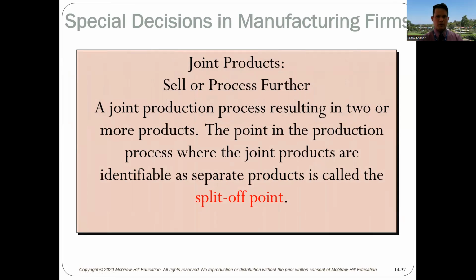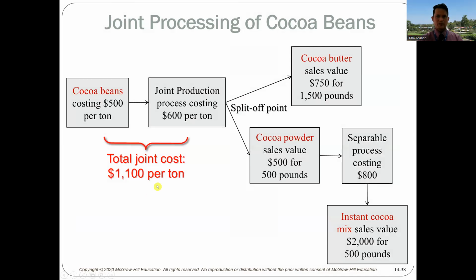So a joint production process results in 2 or more products. The point in the production process where the joint products are identifiable as separate products is called the split-off point. Now the split-off point in this example is talking about the cocoa beans.